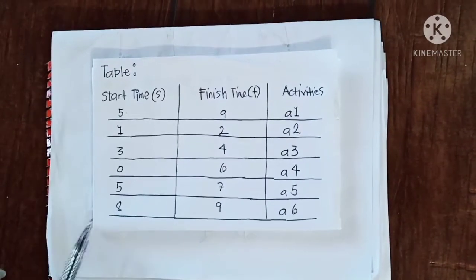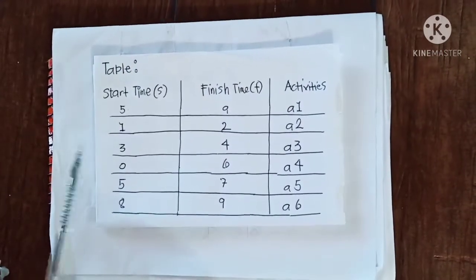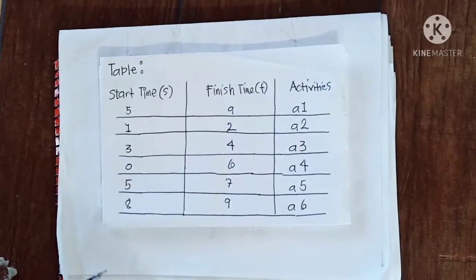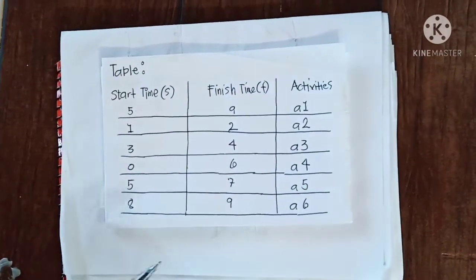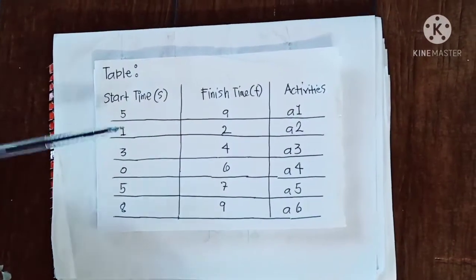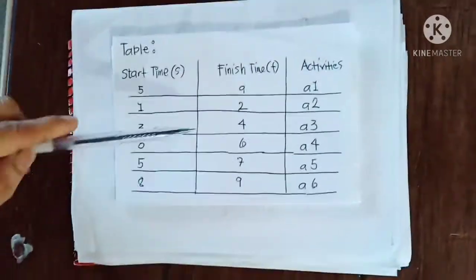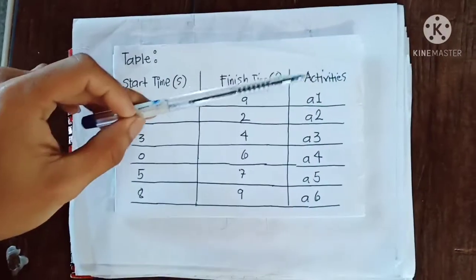I have a table here, an example of the activity selection problem. In order to solve this problem, this is the start time and the finish time of these activities.